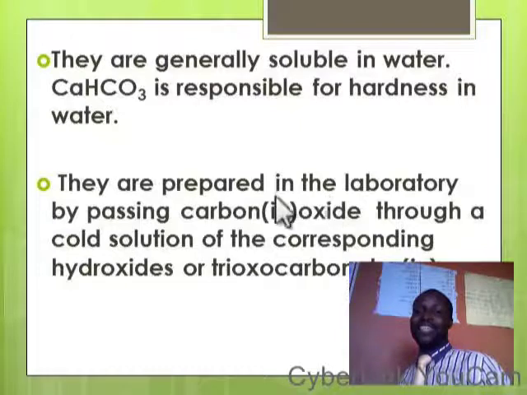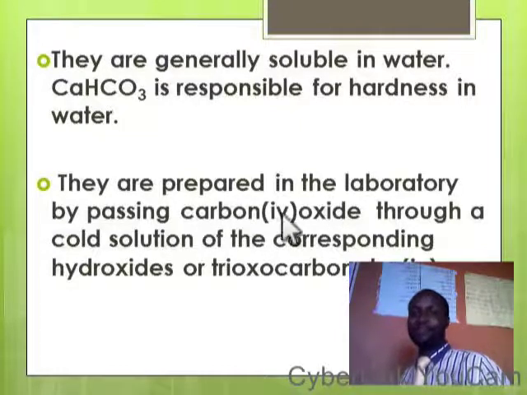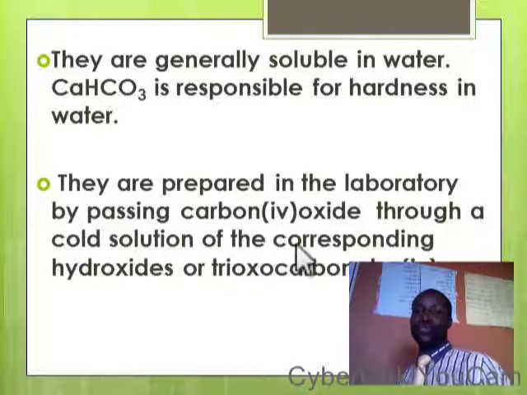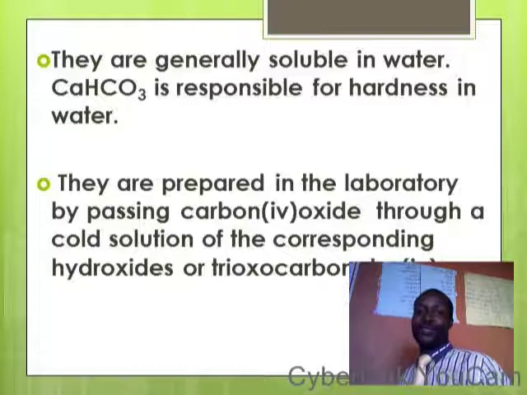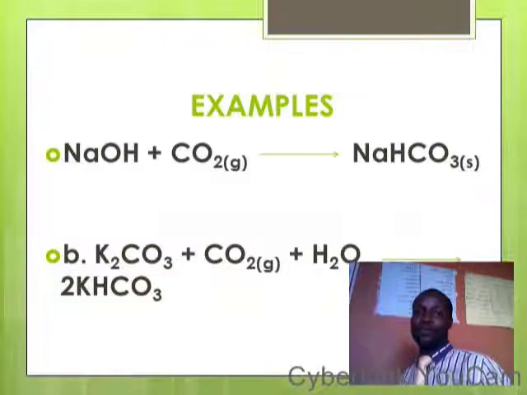They are prepared in the laboratory by passing carbon(IV) oxide through a cold solution of the corresponding hydroxide or trioxocarbonate(IV). Example, sodium hydroxide plus carbon(IV) oxide will give us sodium hydrogen trioxocarbonate(IV).